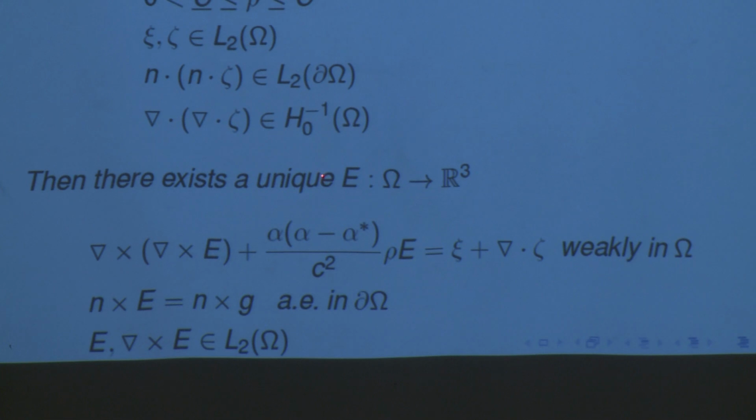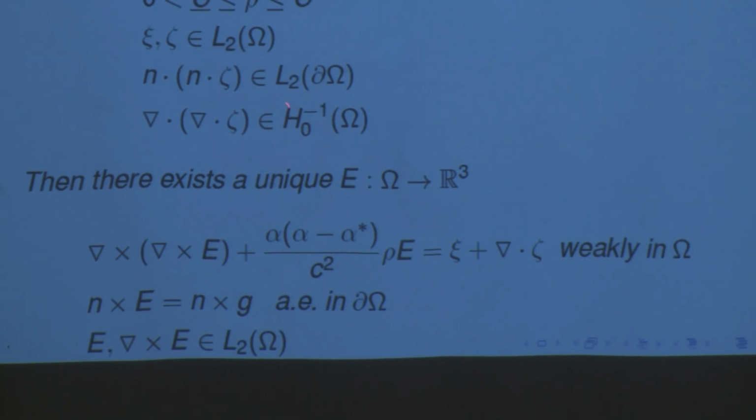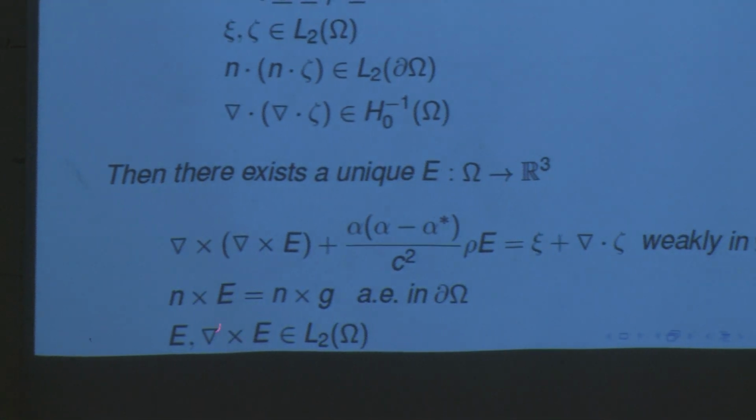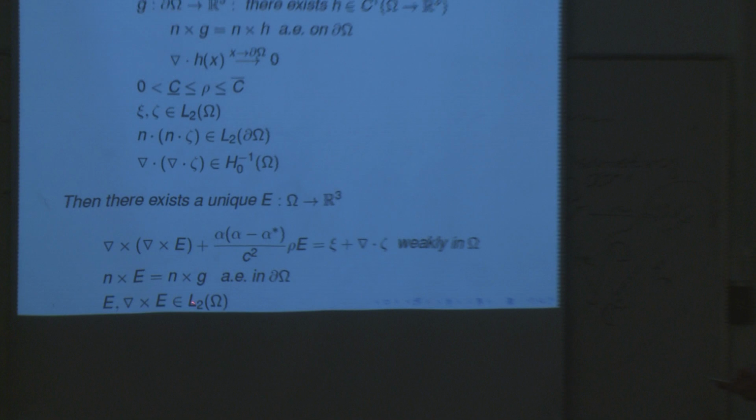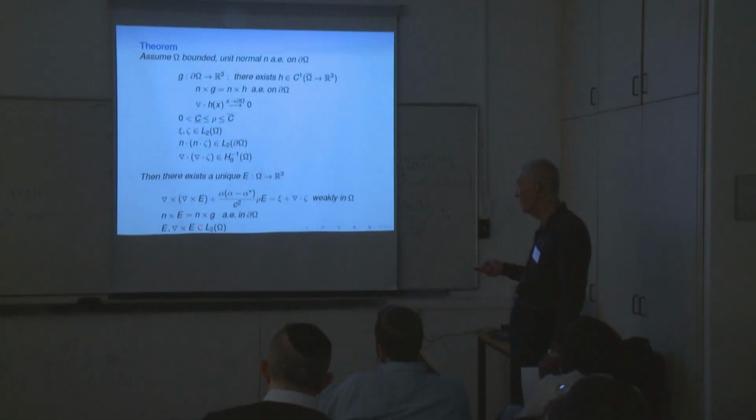Now that's one derivative too strong, because if zeta is only L2, putting two derivatives on it, you get minus 2 here, and so we're in trouble on this particular problem. But if you make this strong assumption, then indeed there's a unique E. It satisfies the PDE, and the E and its curl are in L2, but div E is God knows what.